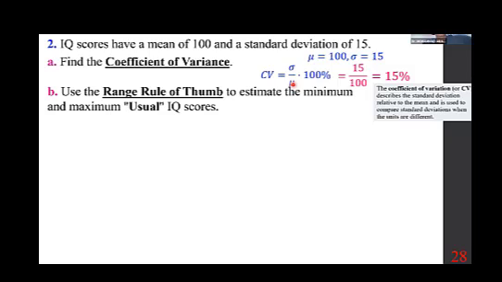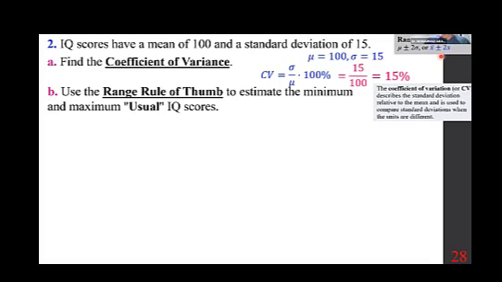Next comes range rule of thumb. We want to use the range rule of thumb to estimate the minimum and maximum usual IQ scores. By definition, range rule of thumb, mu plus minus 2 sigma, or X bar plus minus 2S.